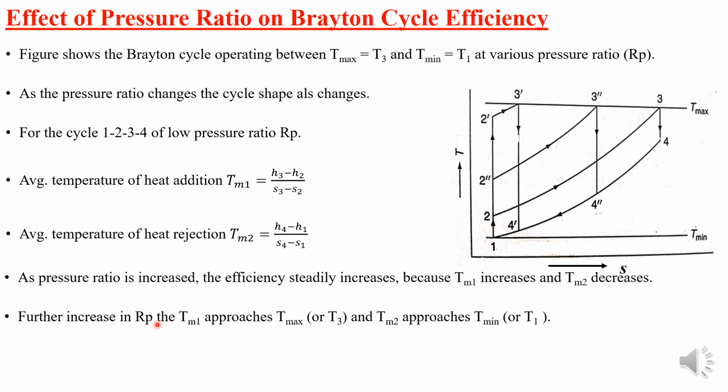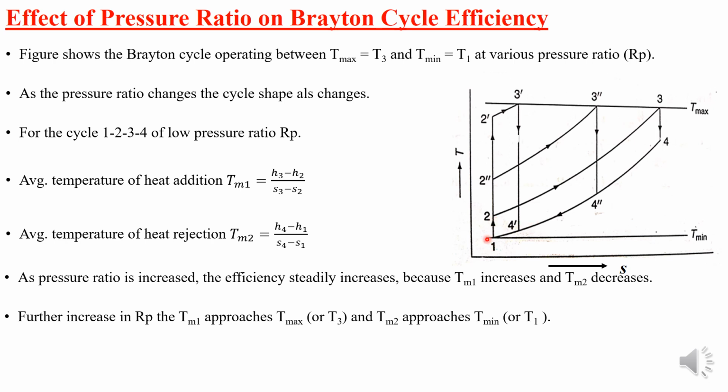If you keep on increasing the pressure ratio, heat addition keeps increasing, but till what point can it increase? It can increase up to the maximum temperature only, because T2 will become T3. Till that point you can increase the heat addition, and heat rejection, if we keep on decreasing it, can reach up to the minimum temperature.